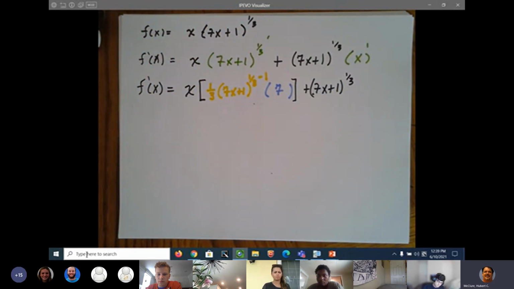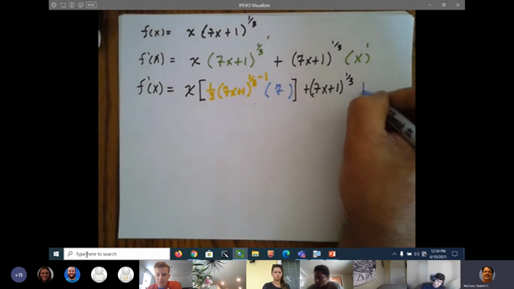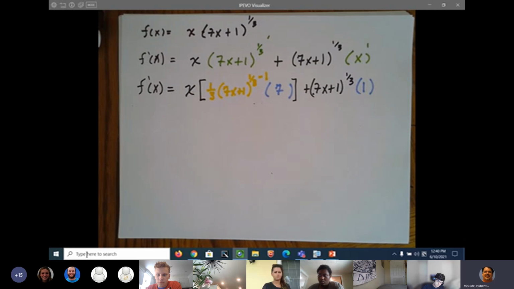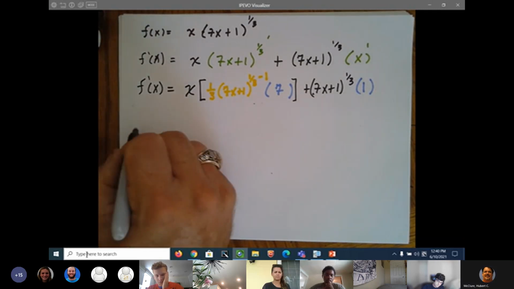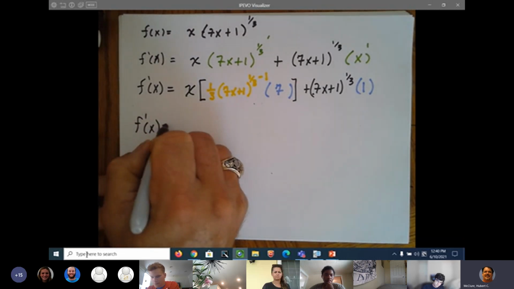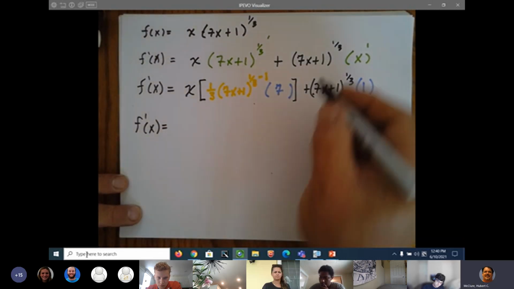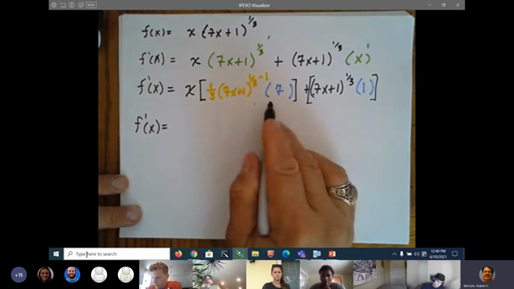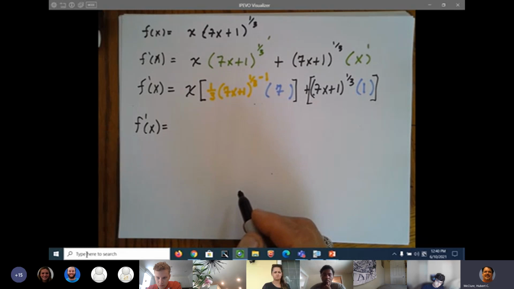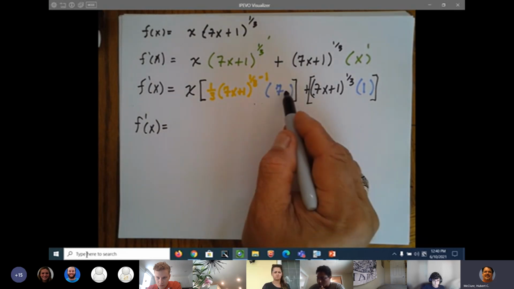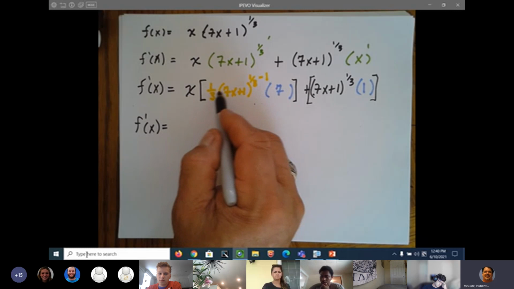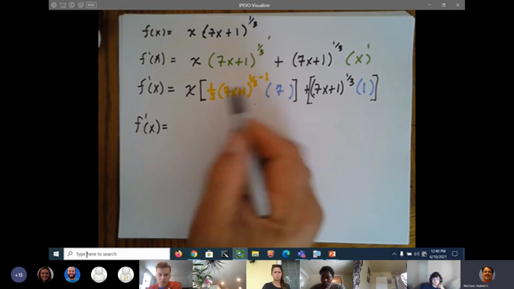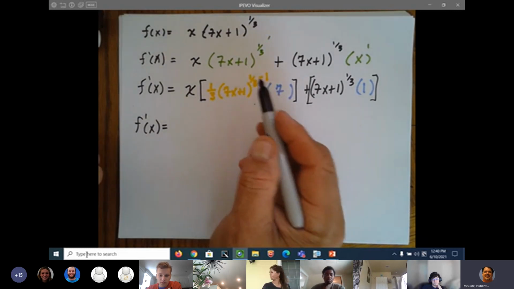And what is the derivative of x? 1. Okay, so the calculus is over. F prime of x is equal to, and I'm going to put brackets around this just so y'all know that this is a separate term from this one. So this 7 can come out here with this x because you're multiplying it all together. 2 times 3 is the same as 3 times 2, so it doesn't really matter.